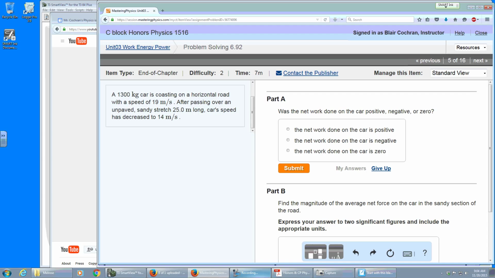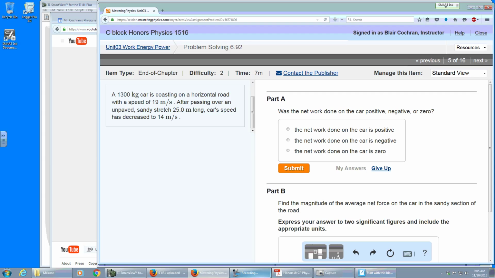We've got a car coasting on a horizontal road. Right away I see horizontal, and I know what's not changing: the height. So what type of energy must not be changing? Gravitational potential energy. So when I see horizontal, I don't have to worry about gravitational potential energy.